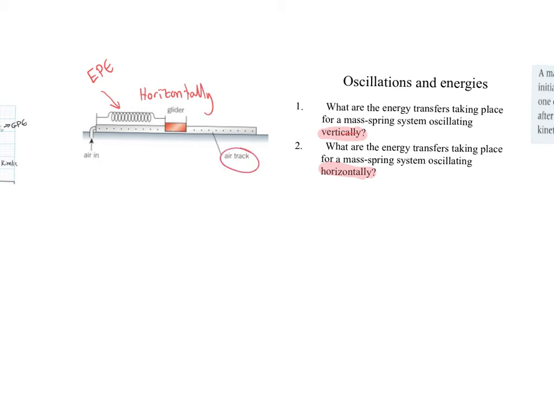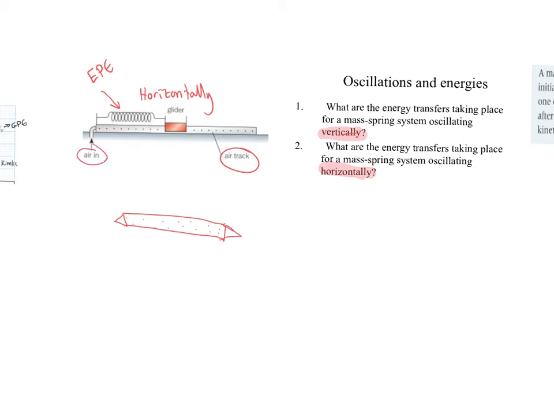The air track is basically a 3D object that looks kind of like a triangle, like a long cylindrical triangular shape. So that has holes on it, and those holes have air in them.